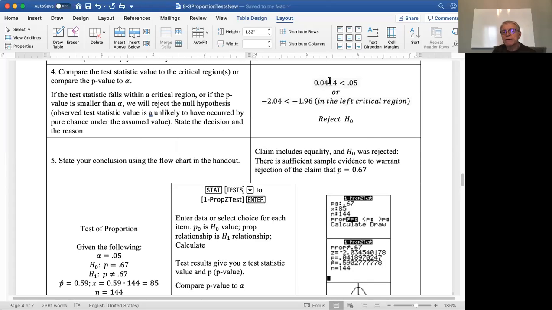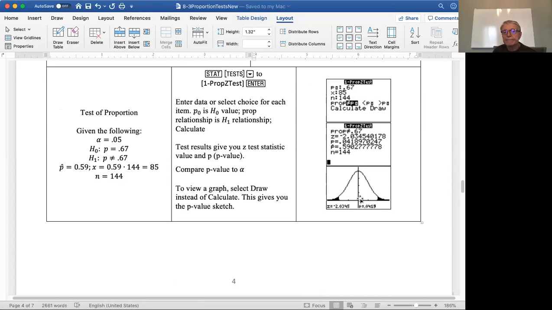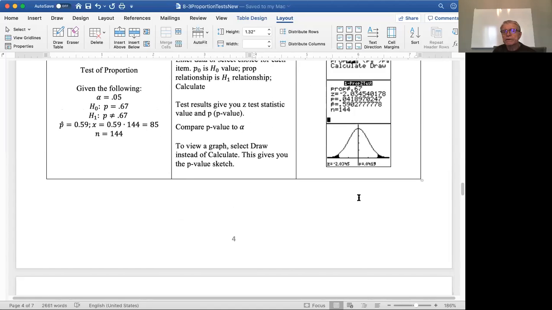We had a slightly different p-value and a slightly different test statistic, but we're still making those same comparisons, and they're not far enough different that it changed our decision to reject. And then we would still have the same statement of conclusion. So I'm going to go ahead and stop here, and we'll pick up with a third example. And so we'll leave it at that for this video.